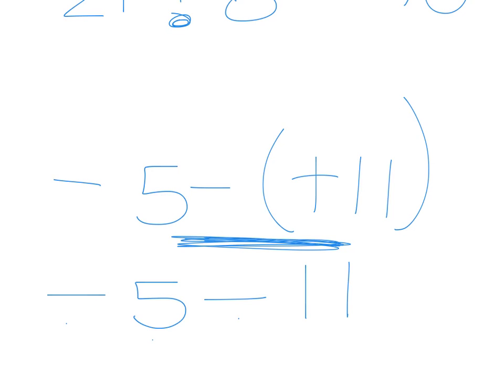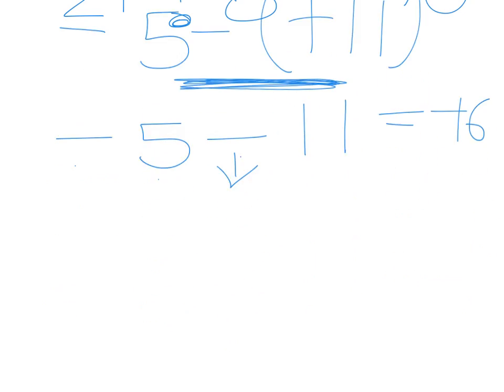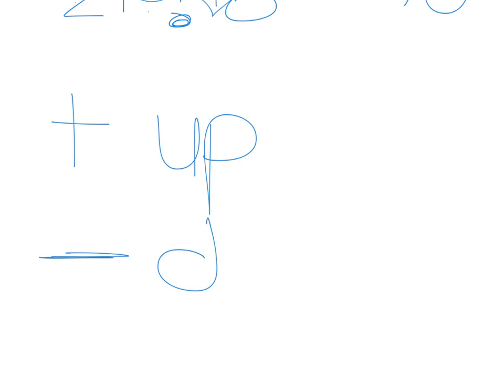If you're taking, you have to go down another 11 places. You're actually going to land up on negative 16. So what's really important to know is when you are adding, you go up. When you are subtracting, you go down. Okay, also very important, I would recommend that you write that down as well.